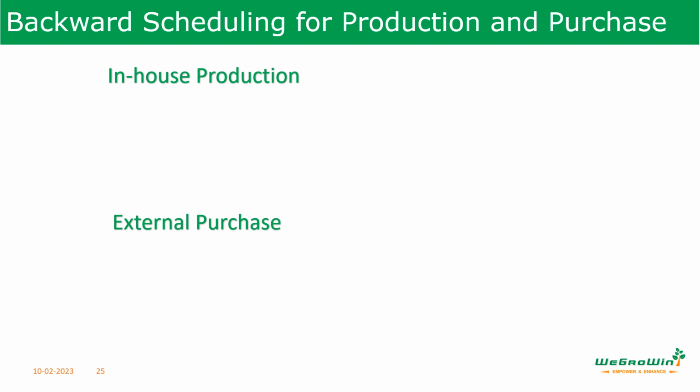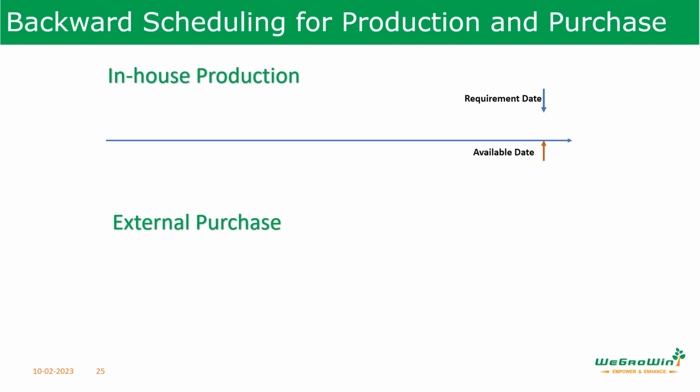Here, I will try to explain backward scheduling with the typical MRP terms and the SAP terms. Now, in-house production, if you take, whenever we need any product, that is called the requirement date or available date. Now, based on the GR processing time, we need to have the GR date, that is the goods receipt date.